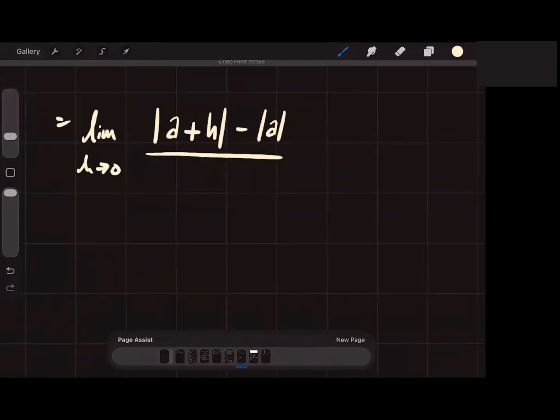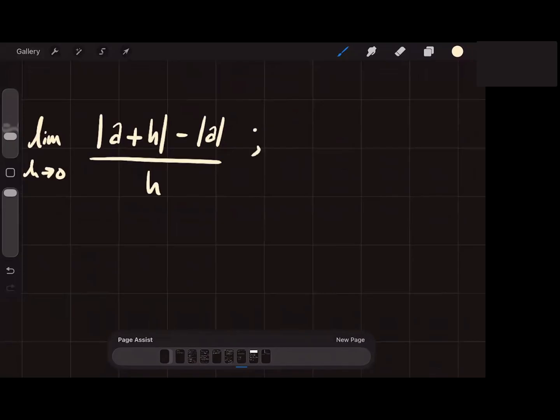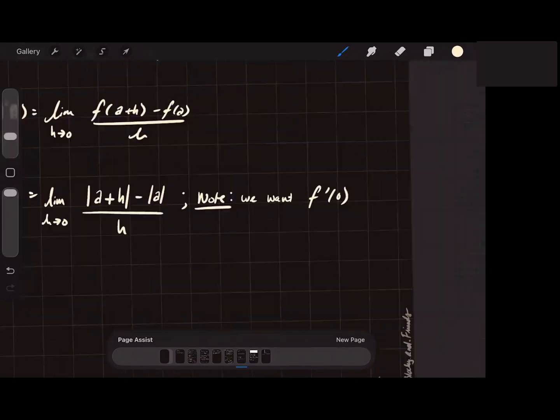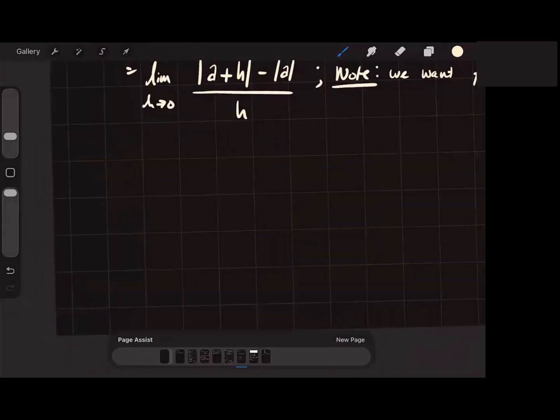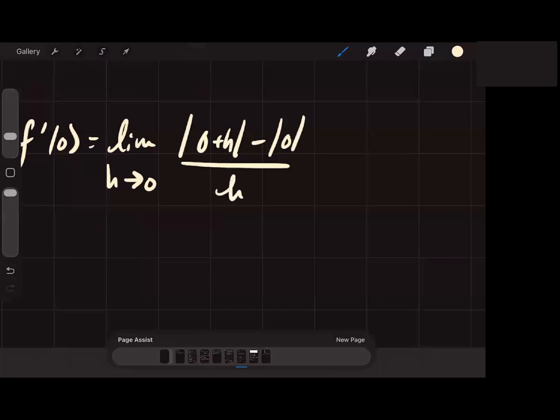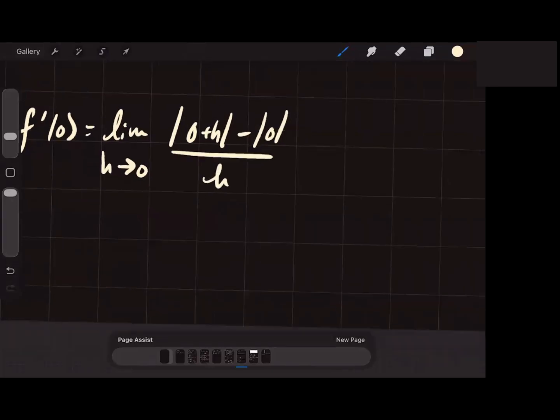But note, we want f prime of 0, right? So that means we can write this as f prime of 0 equals the limit as h approaches 0 of, a is equal to 0, so the absolute value of 0 plus h minus 0 all over h, right?